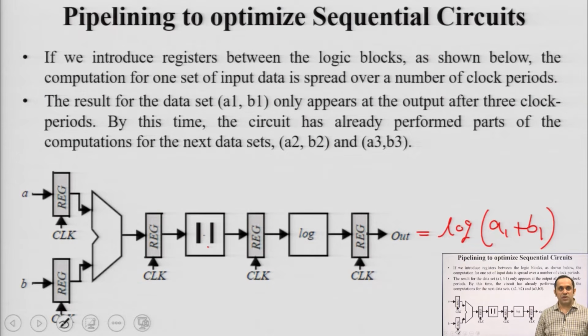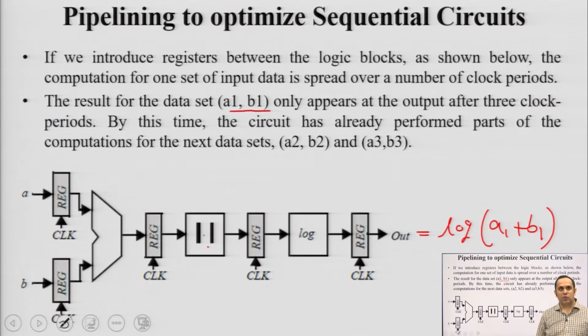Okay. So, in this case what is happening is that when the result for first data set appears at the output after 3 clock periods, by this time this register is holding the absolute value of A2 plus B2, and this register is holding the added result of A3 and B3.